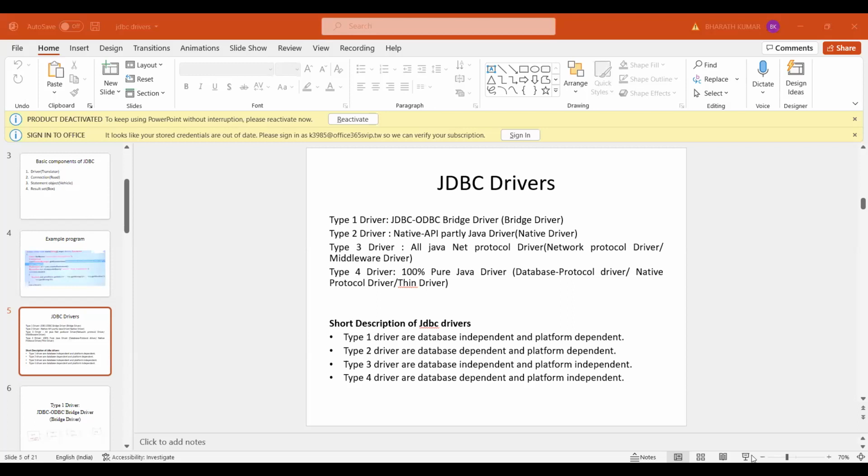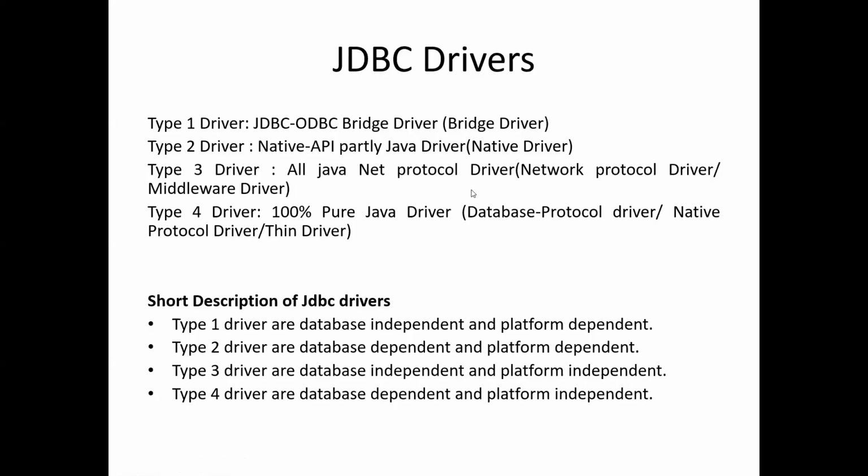Now we will start with the JDBC drivers. The first driver is called the type 1 driver, also called the JDBC-ODBC bridge driver, or simply the bridge driver. The second driver is called the type 2 driver, or native API partly Java driver, or also called the native driver.